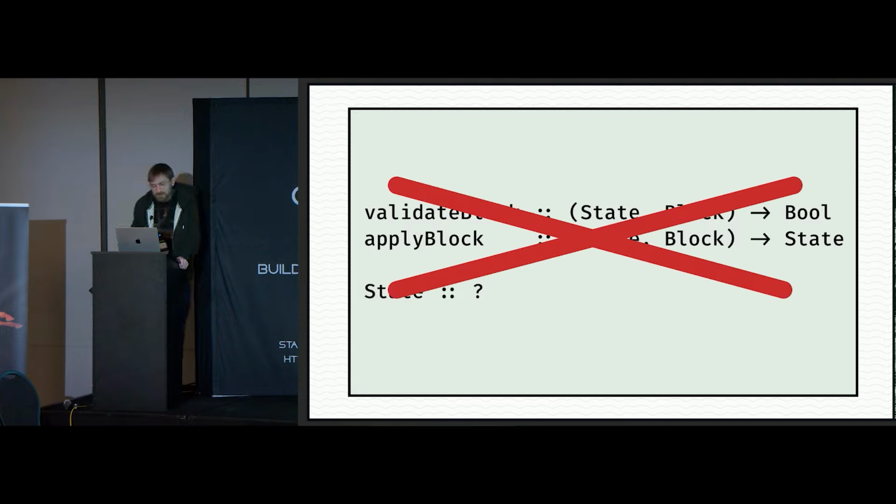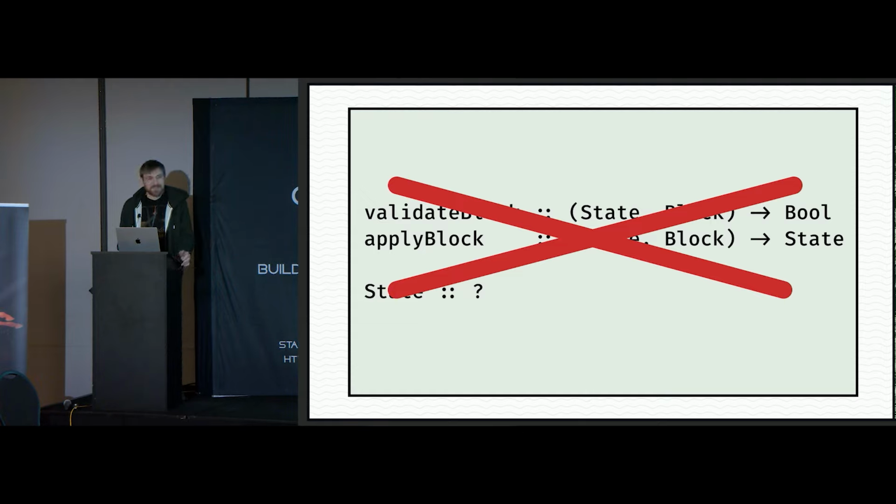Actually, these functions don't exist in the Bitcoin codebase today, because the Bitcoin codebase doesn't even define this consensus state type. Instead, the state lives in multiple places. Some of it is mutable, some of it is immutable, some of it is resident in memory, some of it is in a database on disk, and there's nothing really tying it all together.